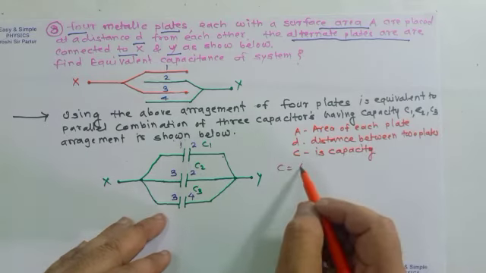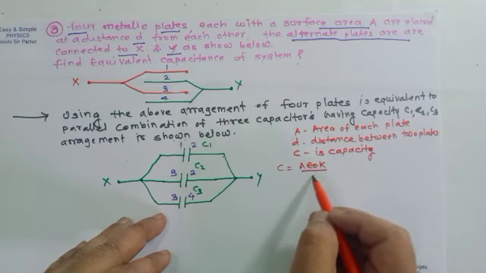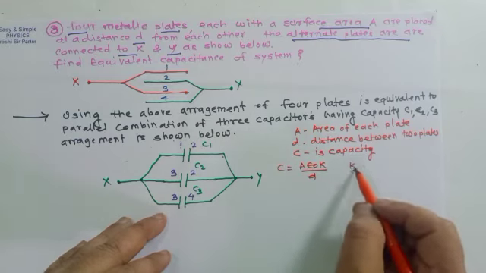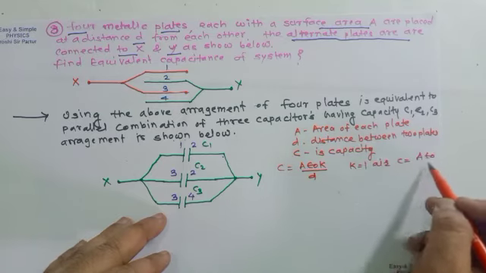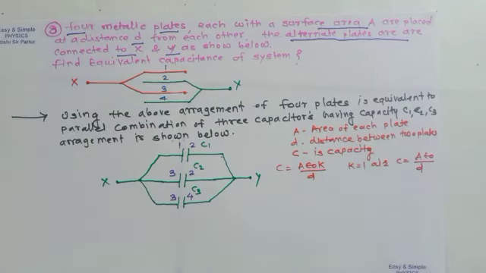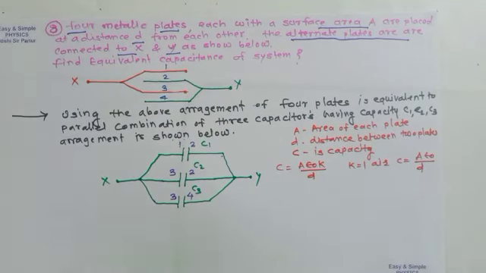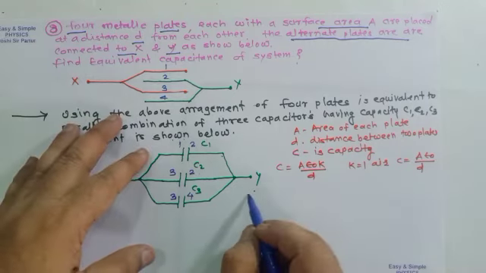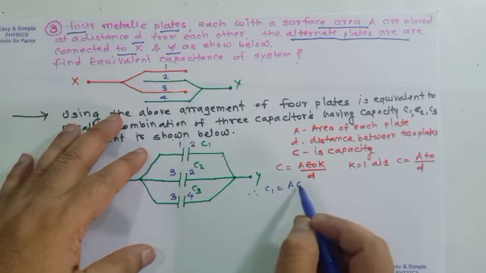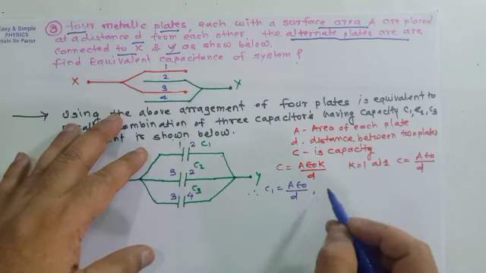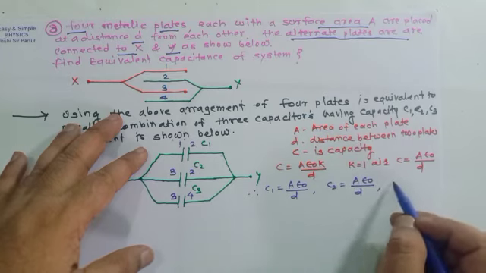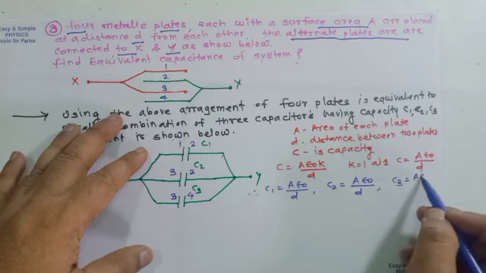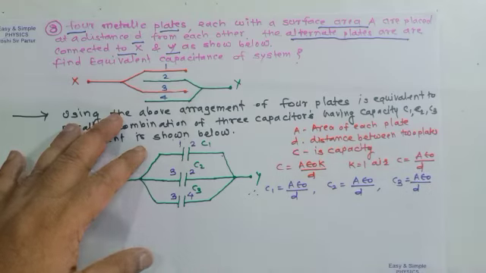So C equal to A epsilon 0 K upon D, but for air K equal to 1. So C equal to A epsilon 0 upon D. So for first condenser, capacity will be C1. So therefore C1 equal to A epsilon 0 upon D. C2 is equal to A epsilon 0 upon D, and C3 is also equal to A epsilon 0 upon D.